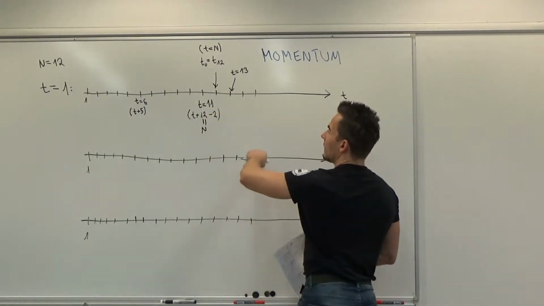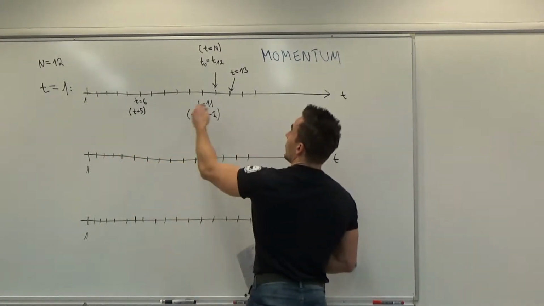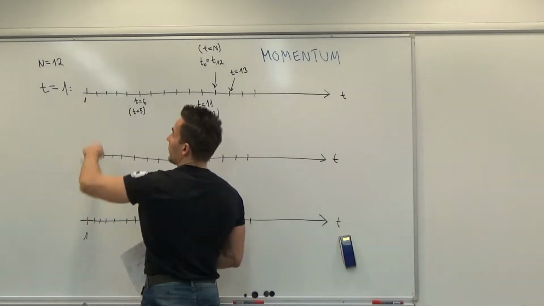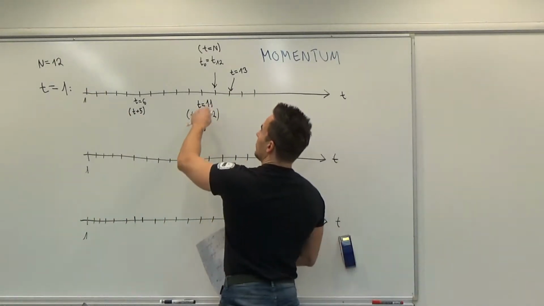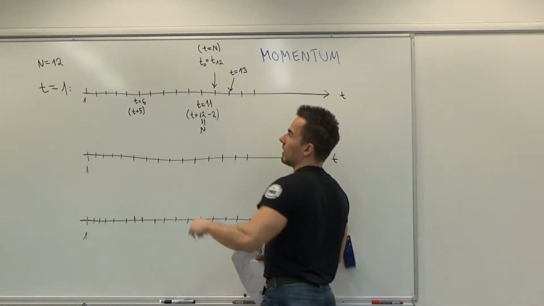Let's also define the distance between where the data sample starts and where we are today as n. So n is equal to 12, which means between where we are today and where the data sample starts is 12 months.